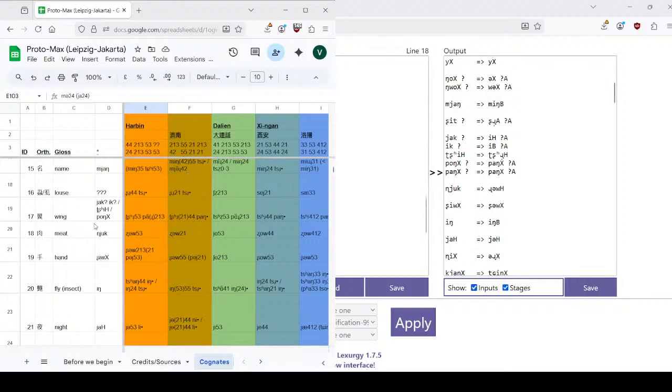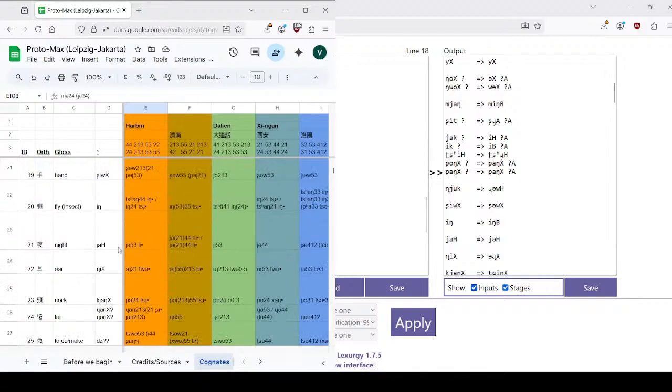Right. And then after that, meat, 肉, becoming 肉. 手 becoming 手.